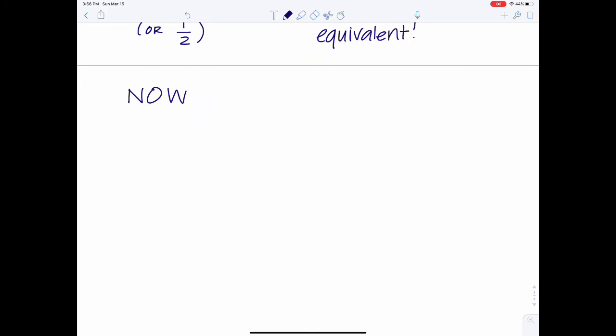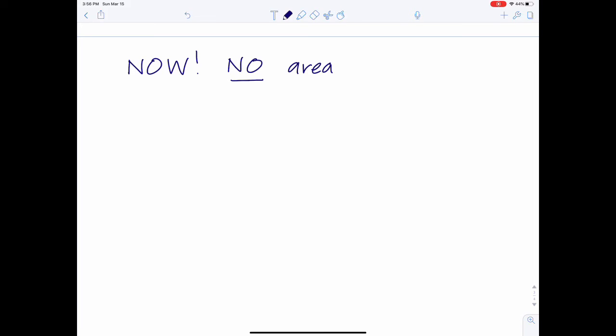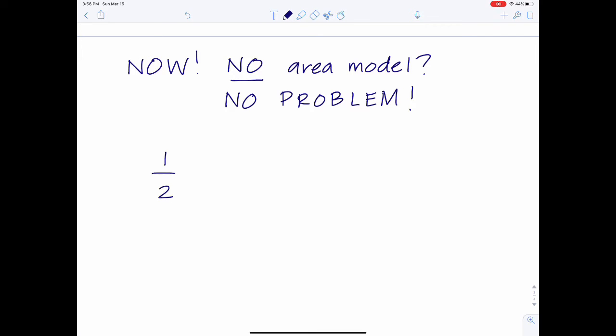Now I'm going to show you how to do it without a fraction strip or area model. Because I know you are all so great at your multiplication and division facts, we're going to do this without using a model. But if you still need to use a model at home, that's totally fine, because in your Zern work, they'll have you continue to do fraction strips and area models.